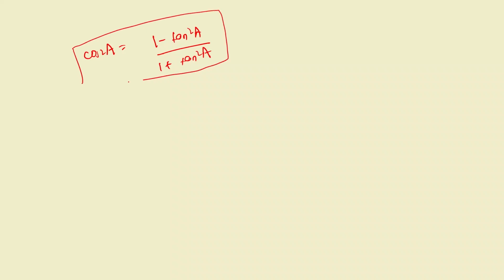Okay, let me write it on a fresh paper. So cos 2a is 1 minus tan square a by 1 plus tan square a. This is one more formula that you have to remember, and in order to derive this, just do the manipulations. I leave it to you. In fact, you can get it in any standard textbook, but I'll request you to try it out yourself.